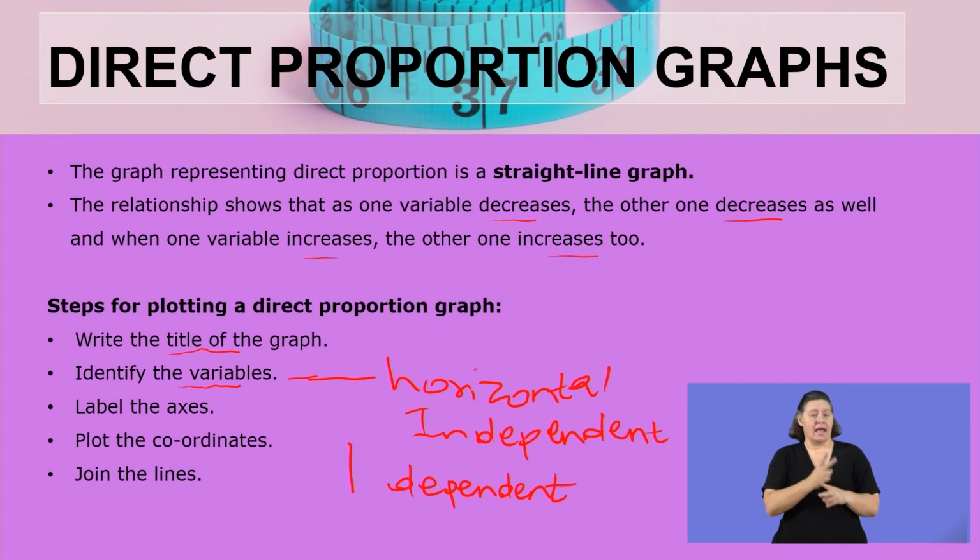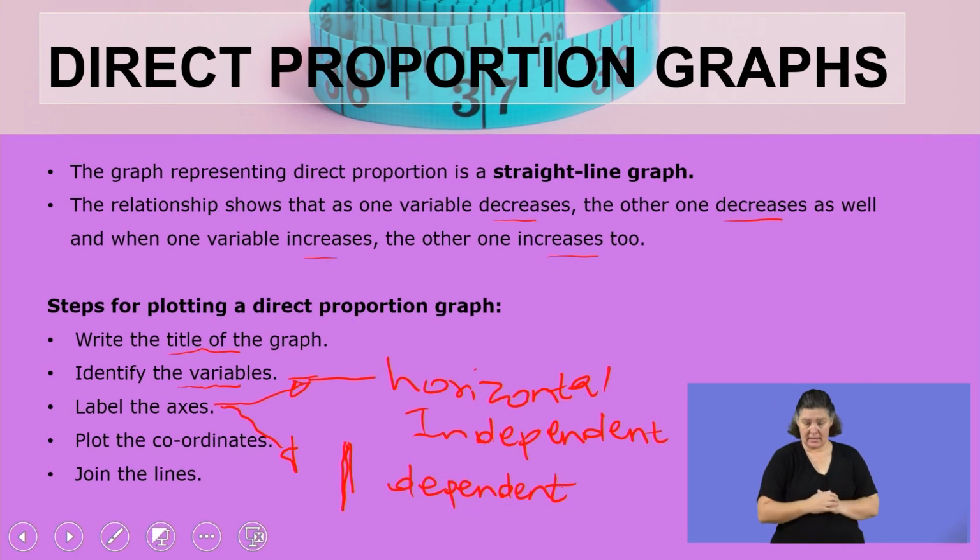I will take you through again because we are going to have these two axes, the horizontal and the vertical axis. I just drew these lines so that you can see which is horizontal and which is vertical. And from there, you must plot the coordinates. After plotting the coordinates, you then join the lines.